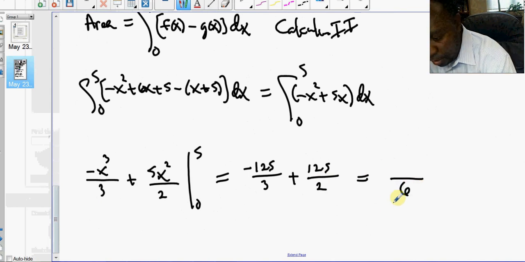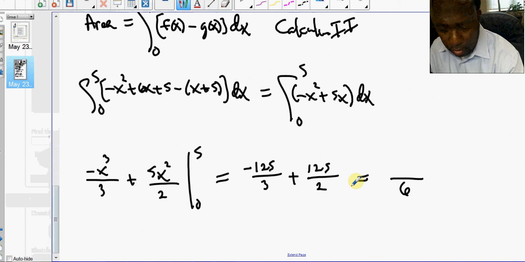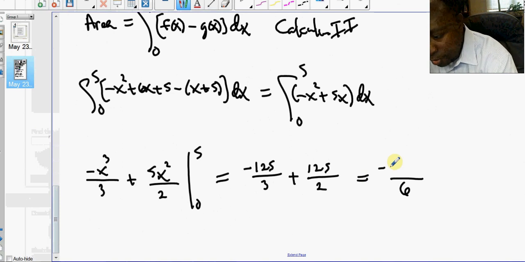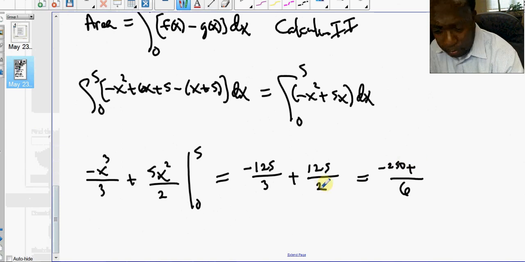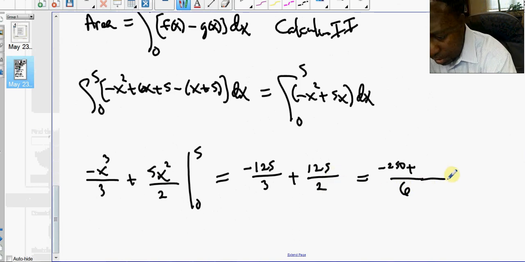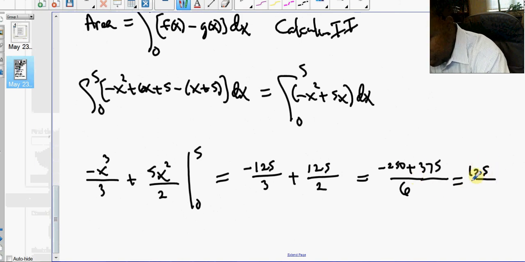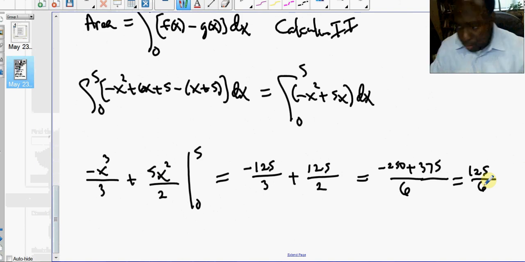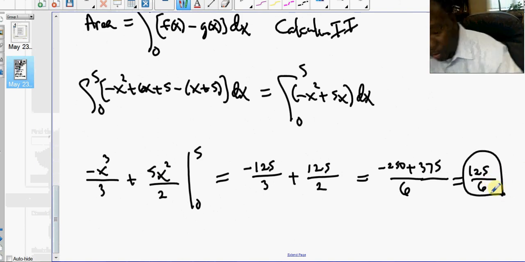And so we get these common denominators of 6. 3 goes into 6 2 times, gives us a negative 250, plus 2 goes into 6 3 times, at 125, 375. And so we end up with 125 over 6. So take that for our bounded area.